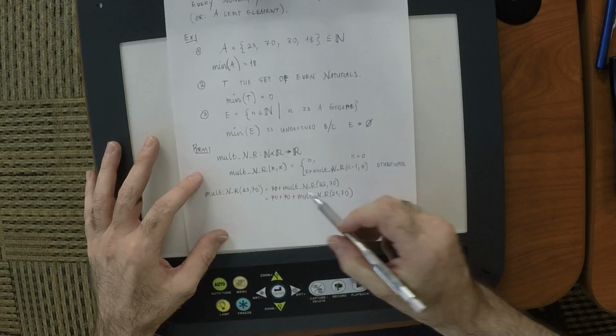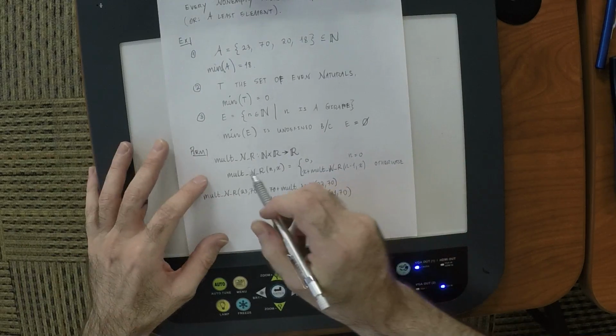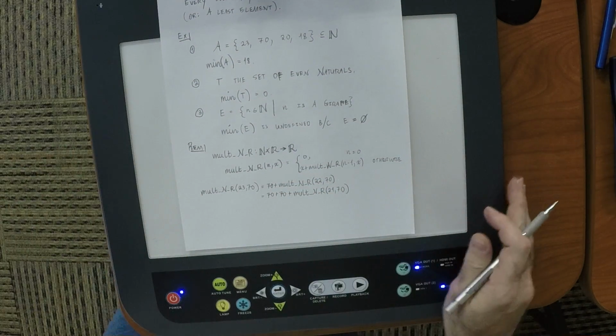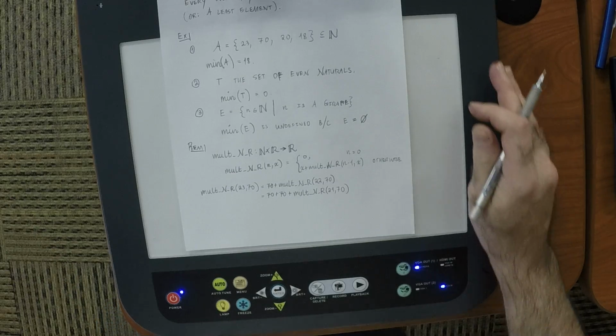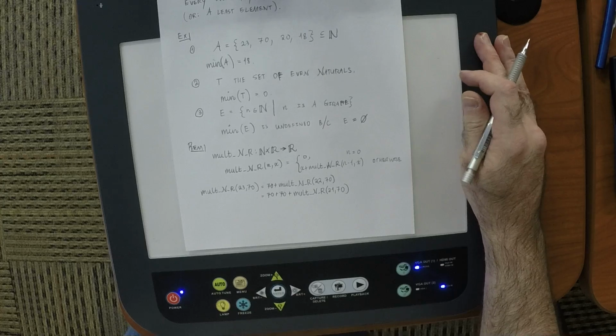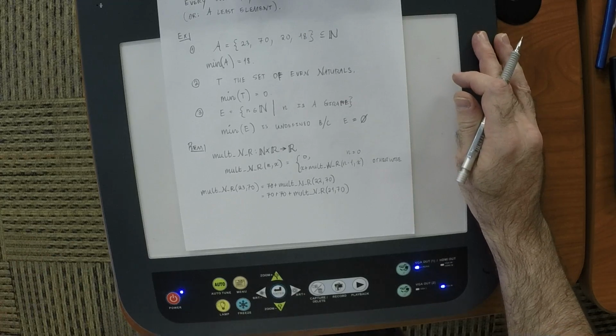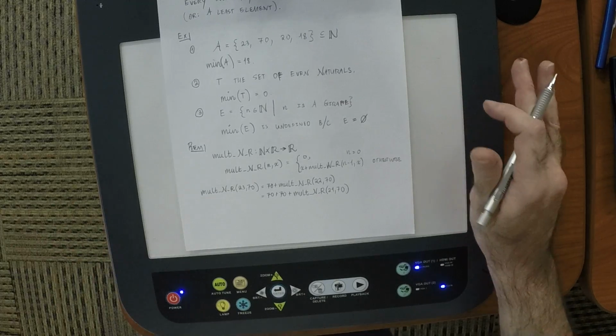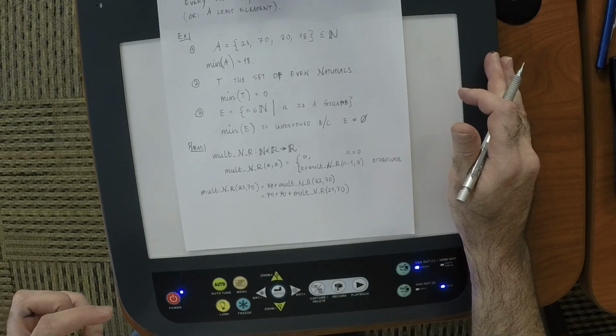So now, if someone asks, I need you to evaluate the logarithm of negative 12, then the correct way to respond would be to say no. Negative 12 is not in the domain.